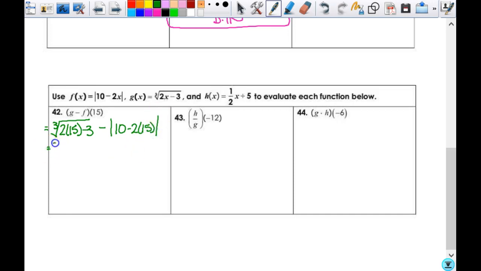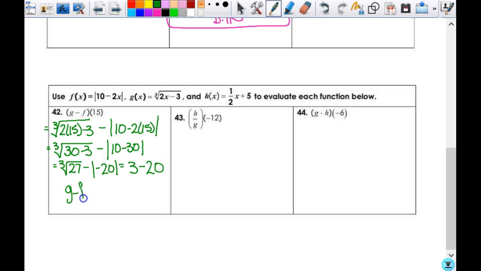So this gives me the cube root of 30 minus 3 minus the absolute value of 10 minus 30. So this is the cube root of 27 minus the absolute value of negative 20, which gives me 3 minus 20. So that means that g minus f of 15 is equal to negative 17.